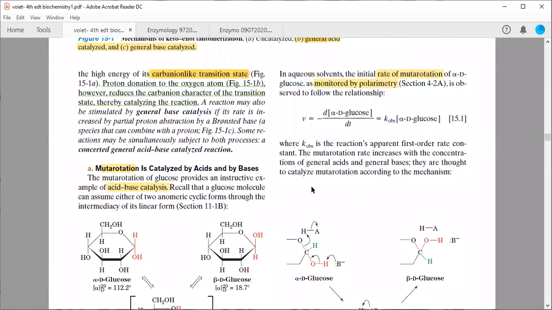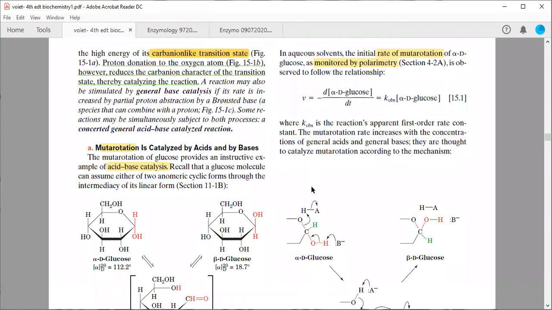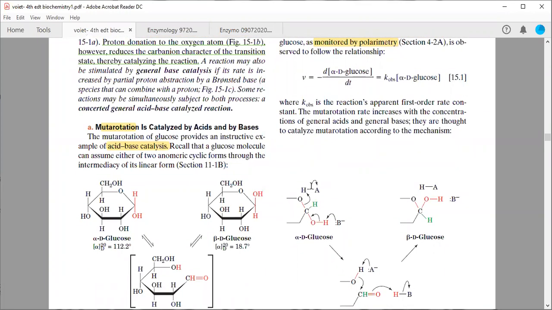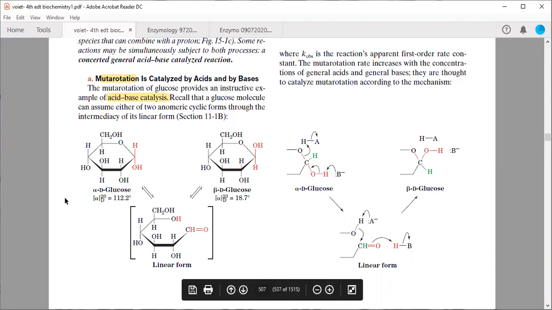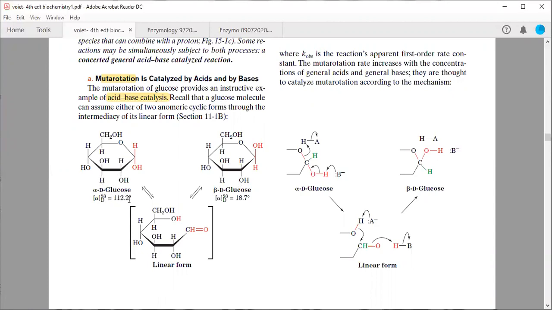Then there is a best example where you can see this general acid-base catalysis. If you have studied mutarotation, the conversion between the alpha and beta forms of the glucose molecule, it has been recorded with an instrument called a polarimeter, which measures the specific rotation.